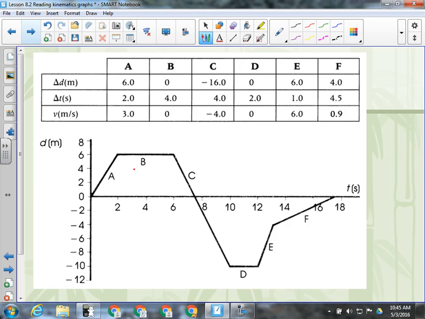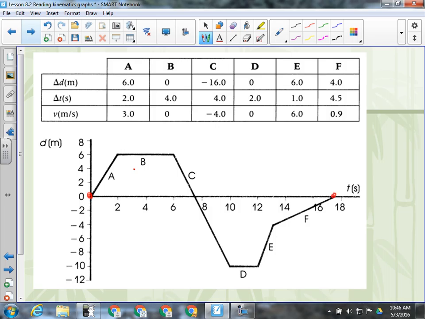Let's say I asked you to calculate the average velocity of the object over the whole trip. What is it? Right, there's no displacement. We started at position 0, and we ended at position 0.